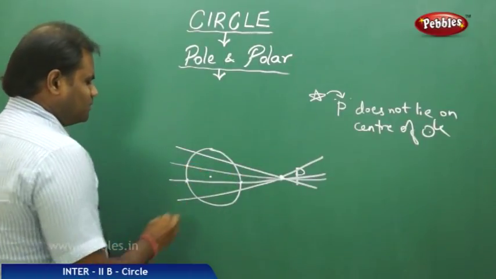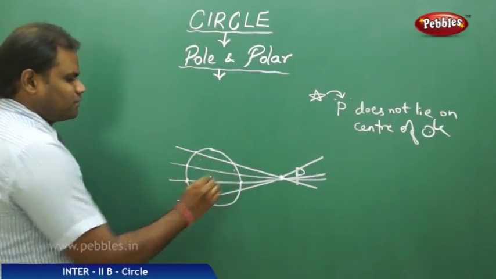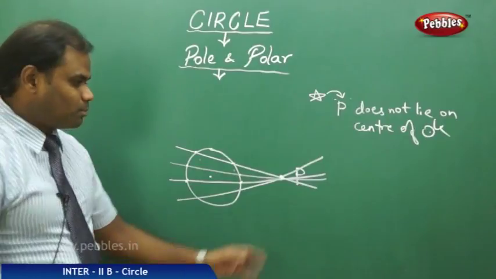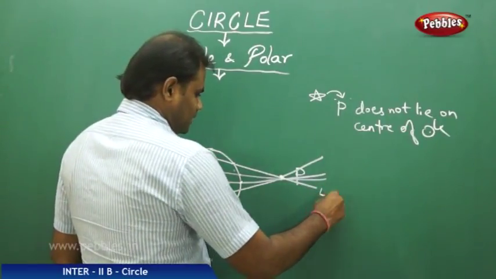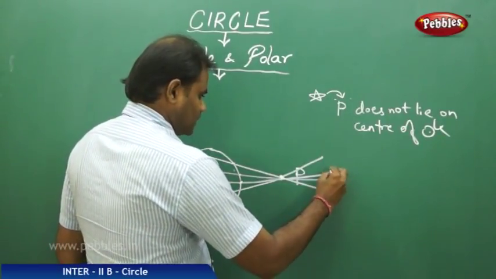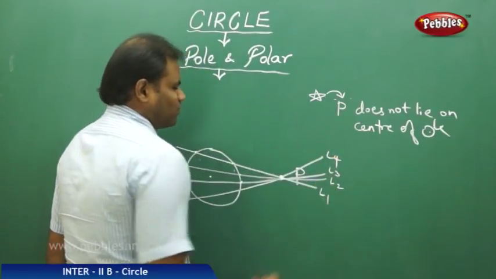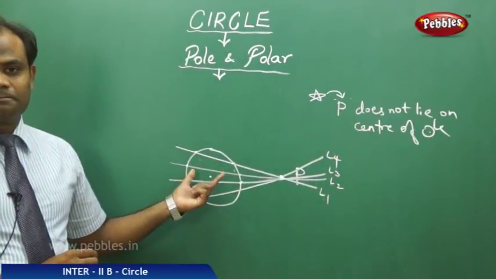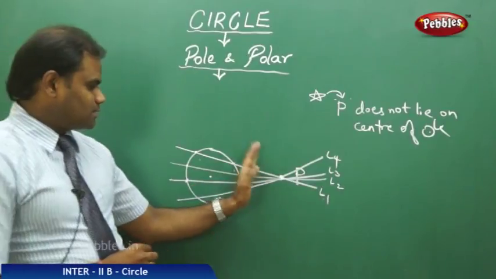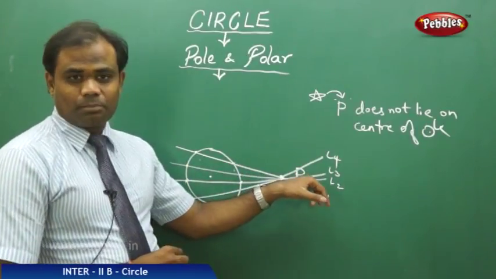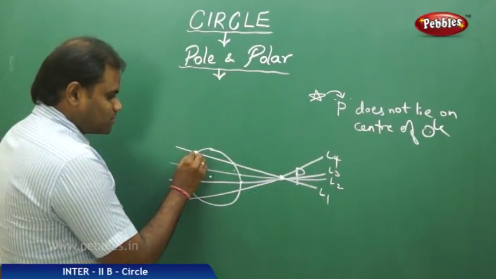Now, as I see here, there are many points of intersection which each of the lines passing through P, that is L1, L2, L3, L4, etc. makes with the circle. So these lines which cut the circle and pass through P have different points of intersection.